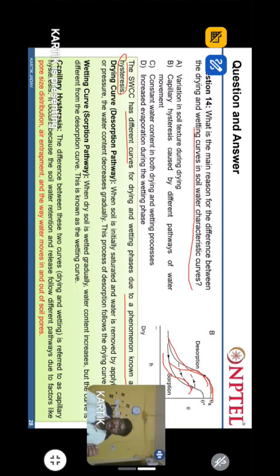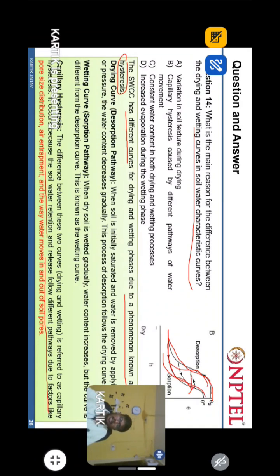While when we apply water to dry soil, it starts gaining moisture content again. Soil moisture increases, but the path followed during wetting, or sorption, is different. This is basically due to capillary hysteresis, and it occurs because soil water retention and release follow different pathways due to various factors.